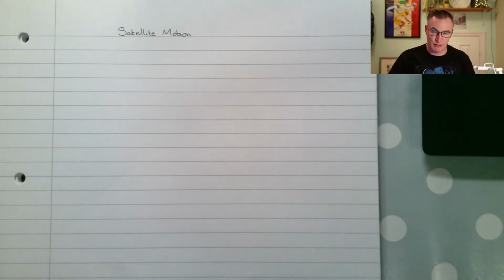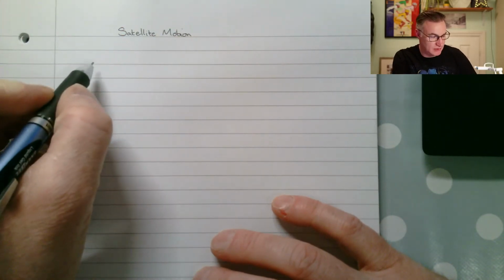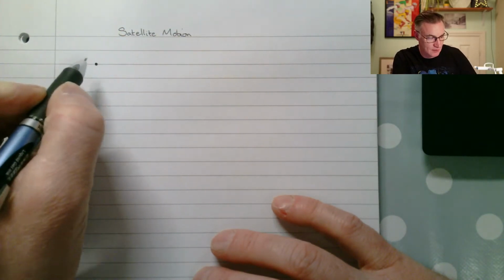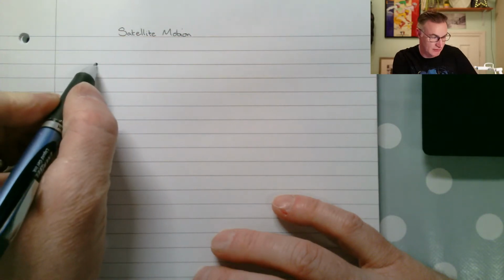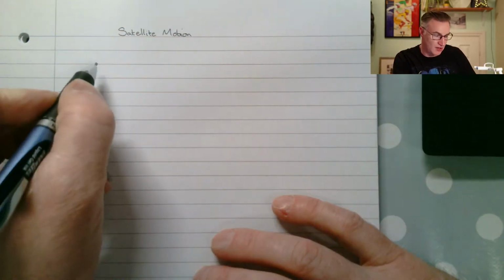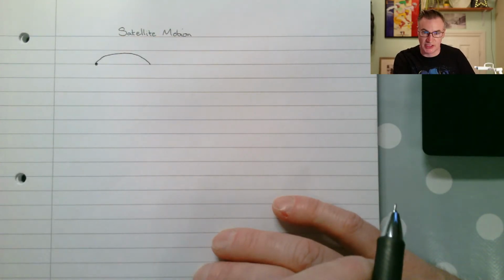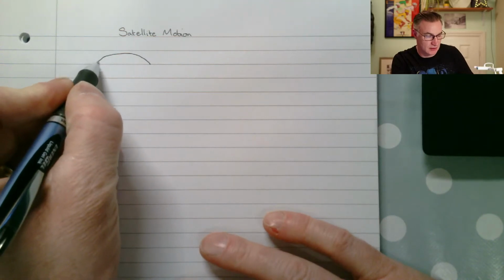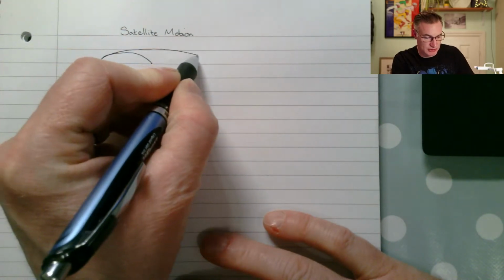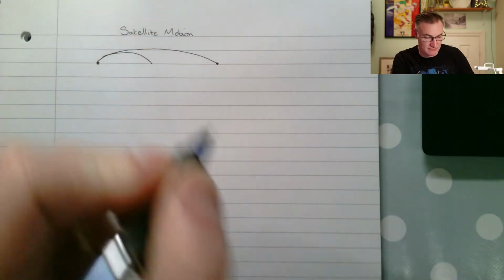So if we remember back to our National 5 definition of satellite motion, we started off with a thought experiment. If I was standing in a field or a park and I threw a ball, it would move in a sort of projectile path, and if I threw it harder, it would move in the same projectile path, but just have a further range.